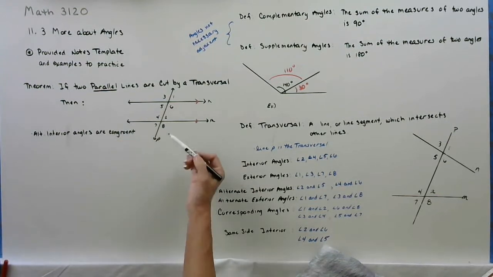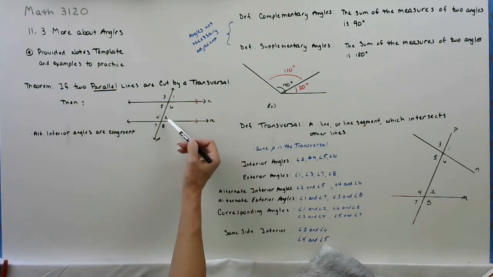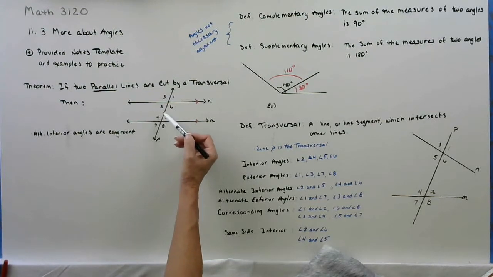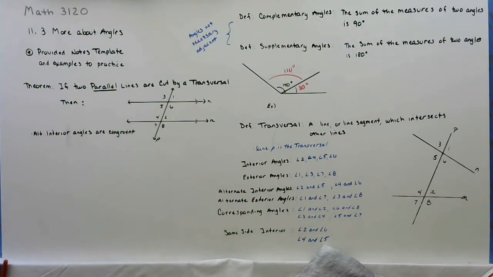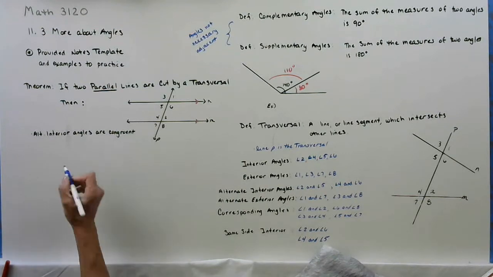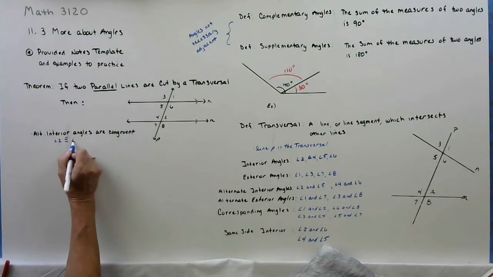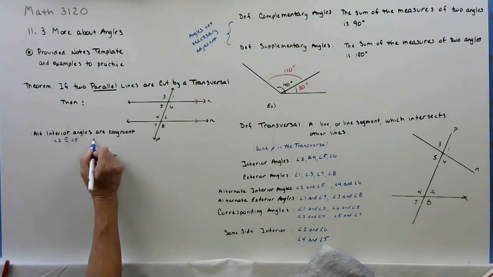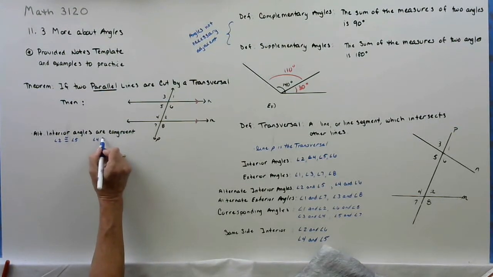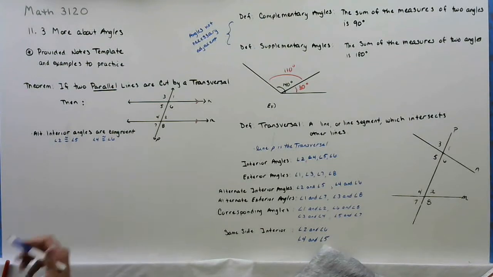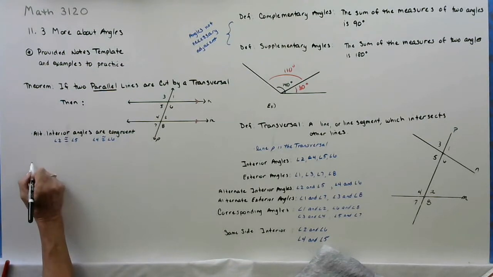So now I know angle 2 and angle 5 are congruent. Angle 4 and angle 6 are congruent. Angle 2 congruent to angle 5. Angle 4 congruent to angle 6. We also know that alternate exterior angles are congruent.